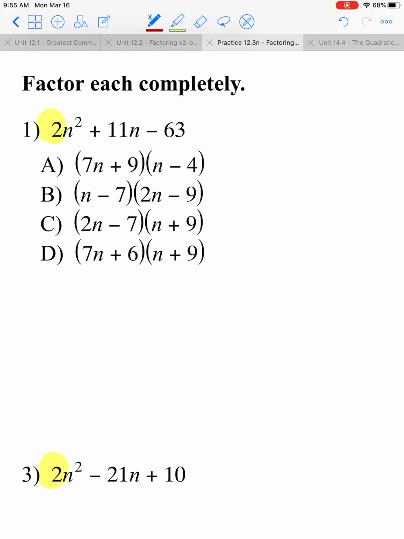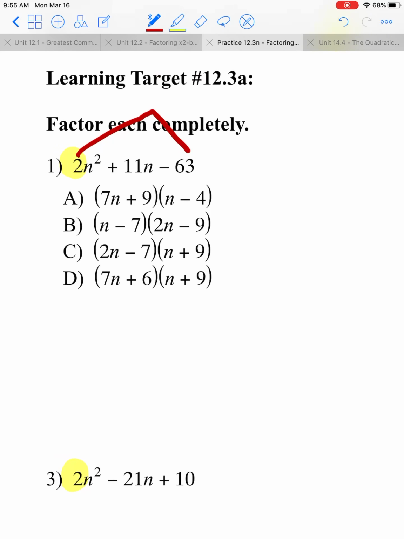The first thing I have to do is multiply these two numbers here. 63 times 2 is 126. So instead of finding the factors of that last term when they're like this, you actually have to find the factors of that number.